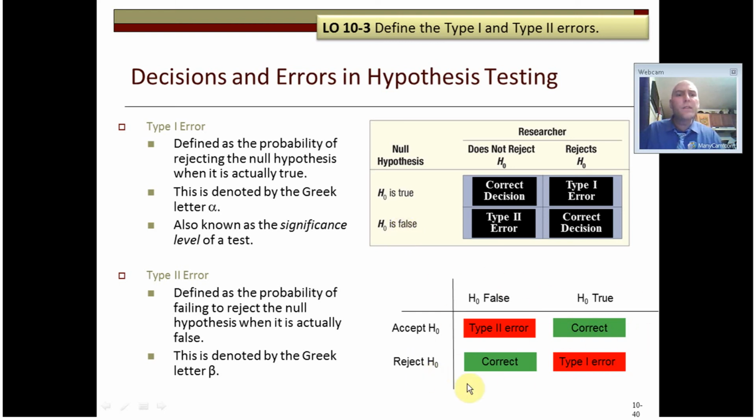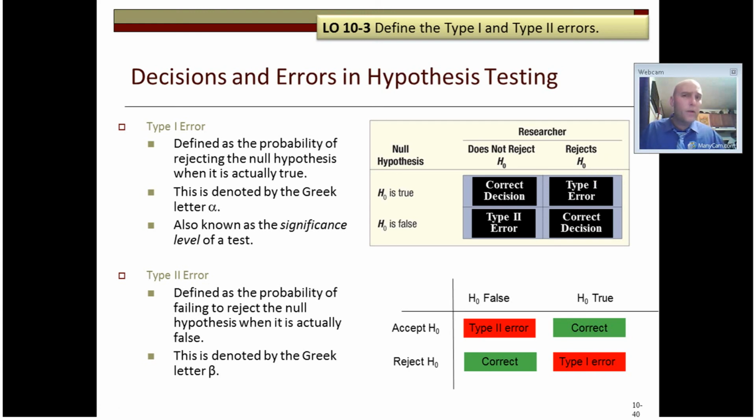This is an alternate table of the way that can be described. Type 1 error is also called alpha error. When we set up a level of significance, that's to say it's the level of acceptable type 1 error. How much type 1, how much of this arrogance error am I willing to deal with?